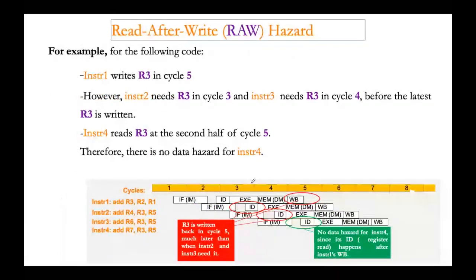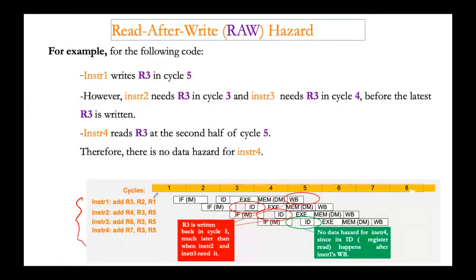Let us see these with examples and how these hazards will be handled in the pipelining execution. For example, suppose there are 4 instructions, and they are add instructions.